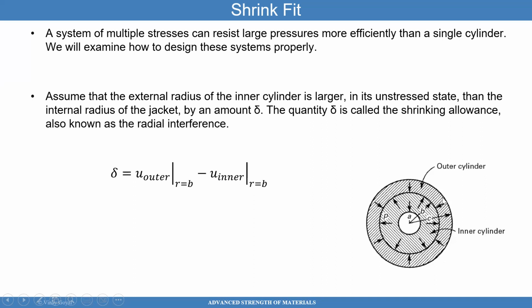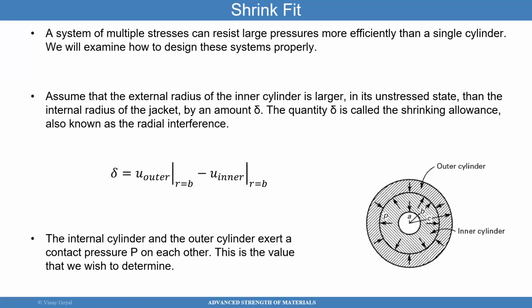For the outer cylinder and the inner cylinder, they have to be compatible right there at R equals B. There's no other way. But because they're different in the unstressed state, that's what the shrinking allowance is, this delta here. So there will be a radial interference, and it's by this amount. That's what is going on here.